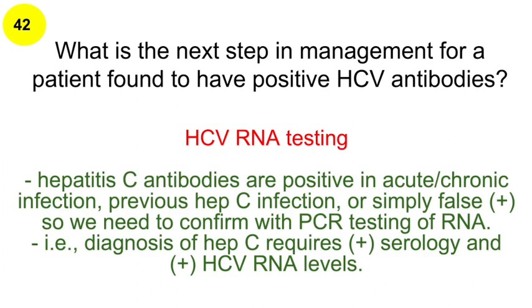So, hepatitis C antibodies are positive in the acute and chronic phases of the infection, previous Hep C infection, or simply false positive. So, we need to confirm with PCR testing of RNA. So basically, to diagnose Hep C, you need both positive serology and a positive HCV RNA level.